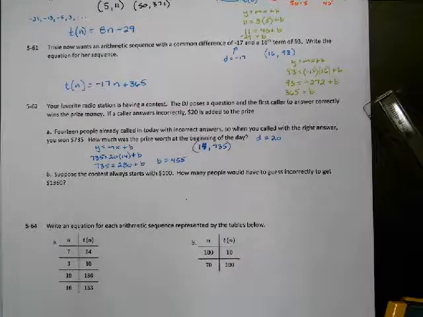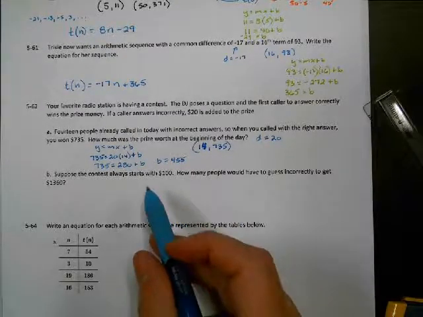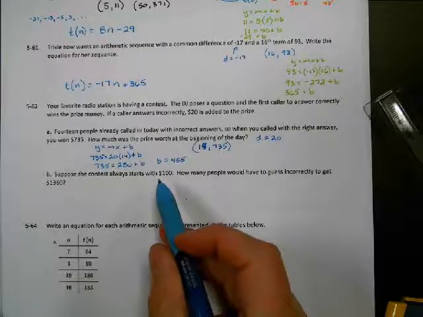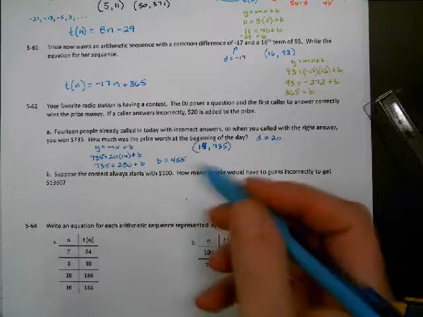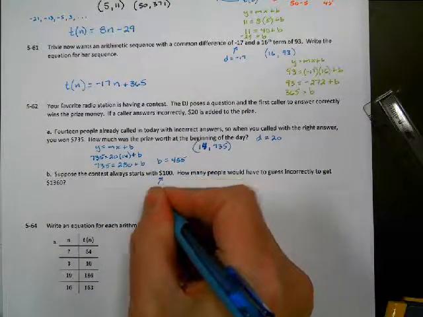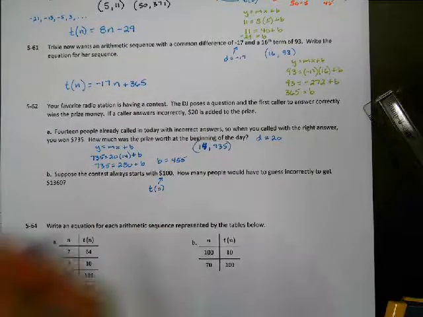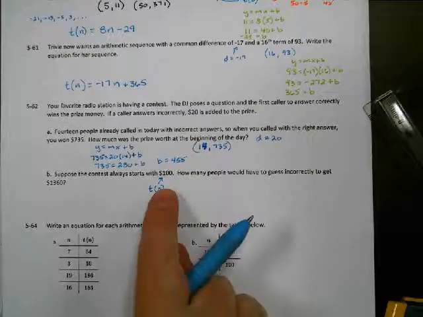On this one, we're going to suppose that the contest always starts with $100. Okay, so that's before we start adding all this. So this is actually T of 0. Because we don't add $100, we're just starting at $100, and then we're going to start adding. And so when the first caller gets it wrong, we're up to $120.